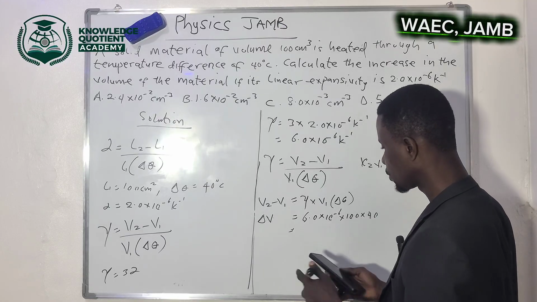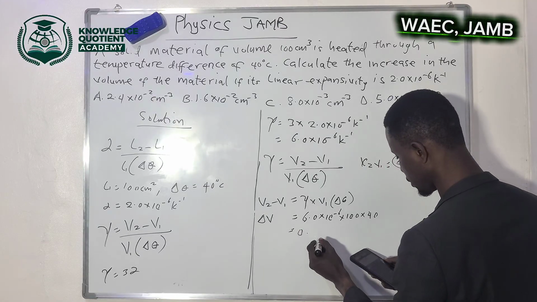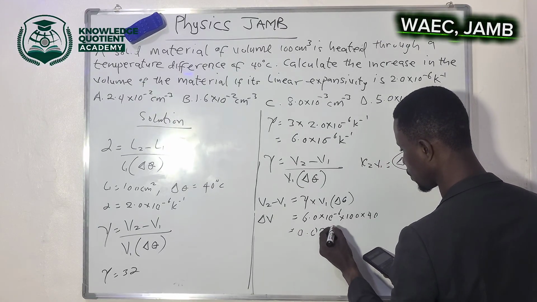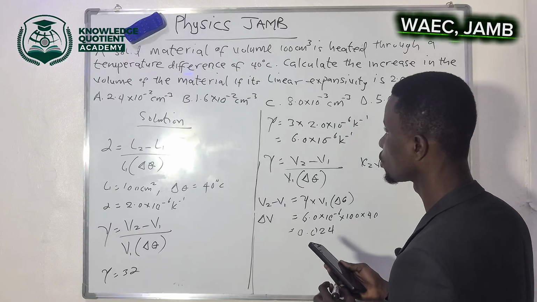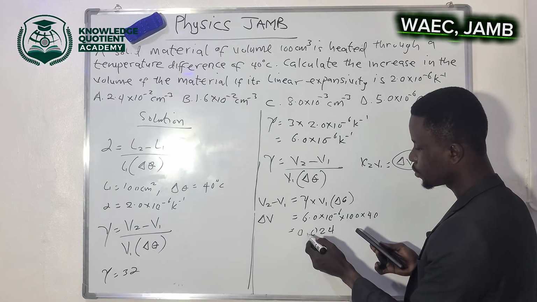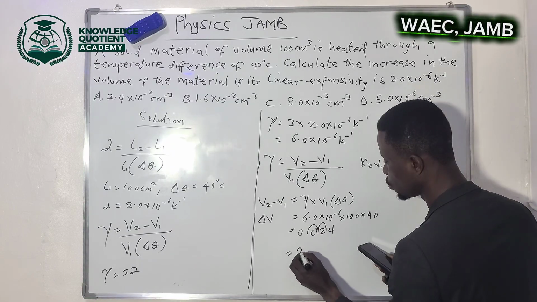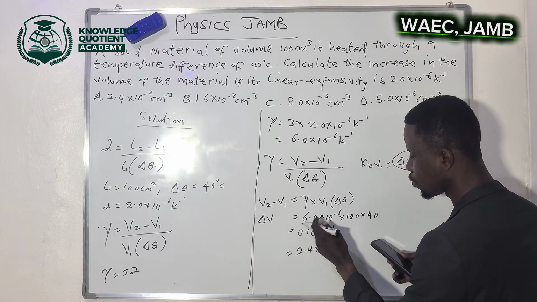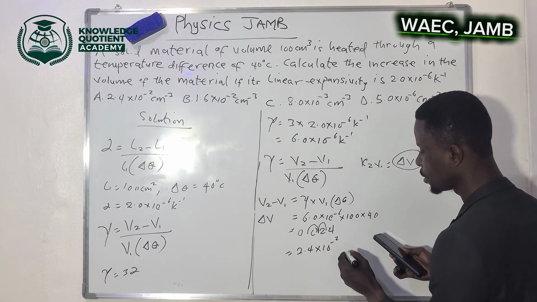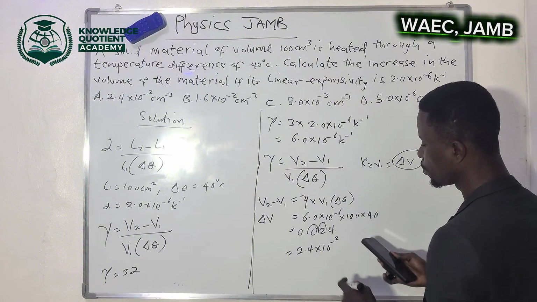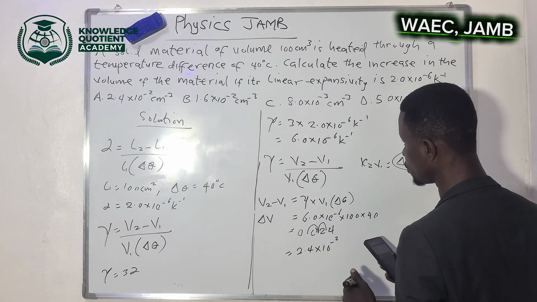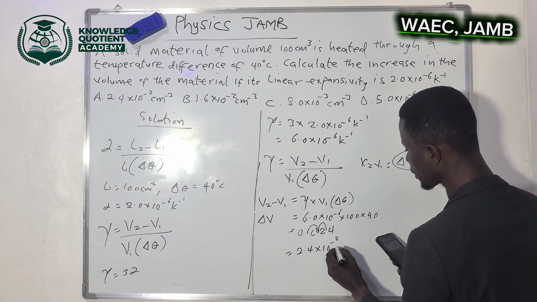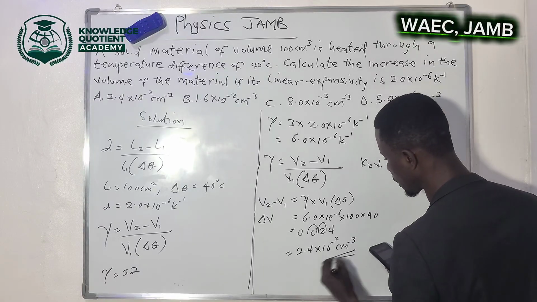This gives me 0.024. I can also take this to standard form: 2.4 times 10 raised to the power, how many times did I move? 1, 2, so 10 raised to the power minus 2. So this is 2.4 times 10 raised to the power minus 2 per cubic centimeter. And this is our final answer.